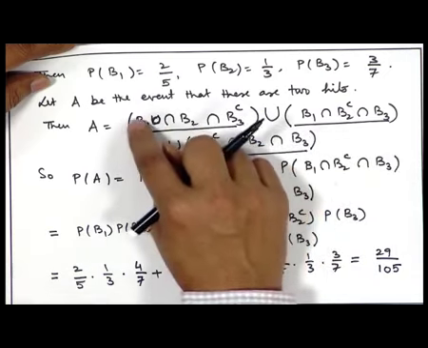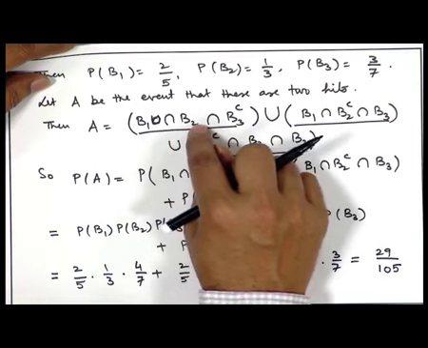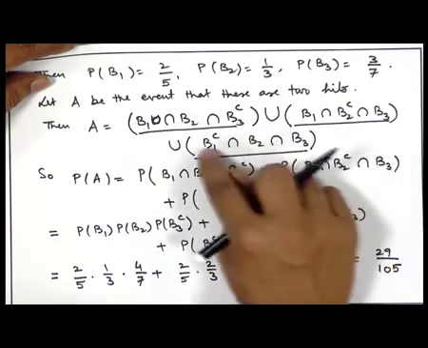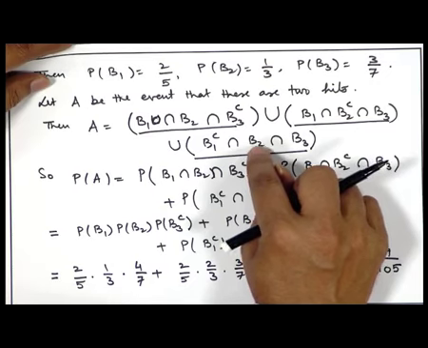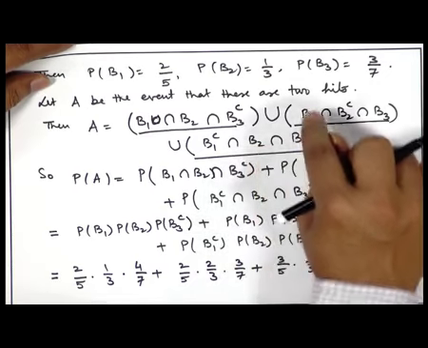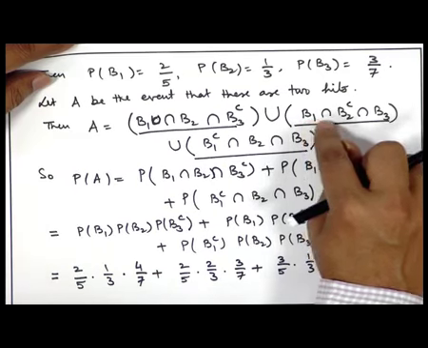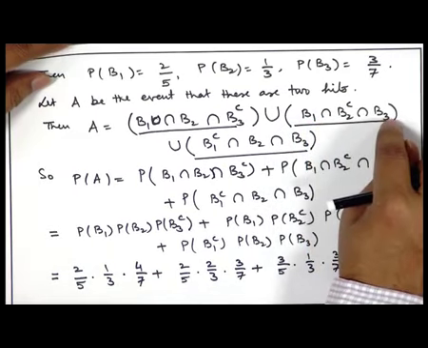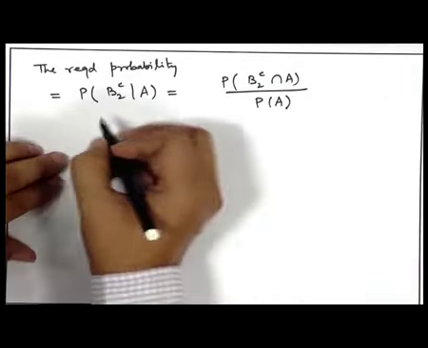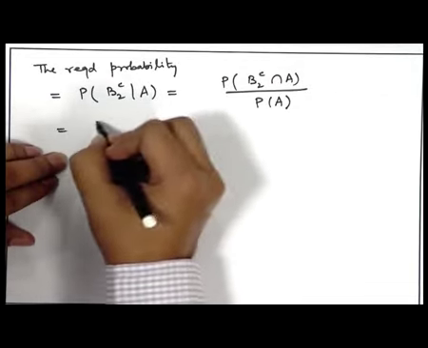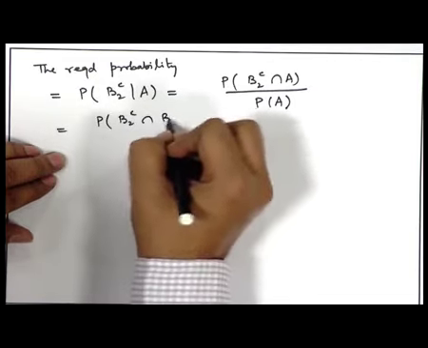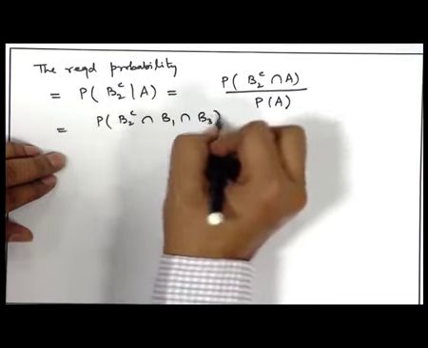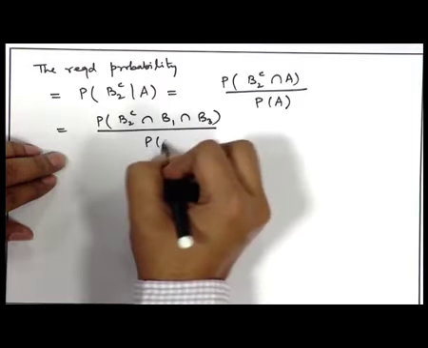So, if I take intersection with B2 complement, I will get phi. In the third one also it is B2. So, if I take intersection with B2 complement, I will get phi. So, I will get only the term B1 intersection B2 complement intersection B3 here. So, this is equal to probability of B2 complement intersection B1 intersection B3 divided by probability of A.